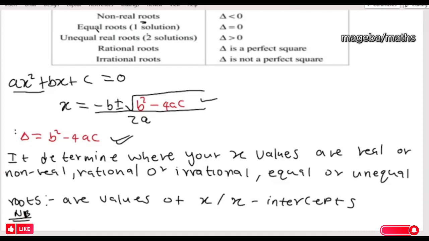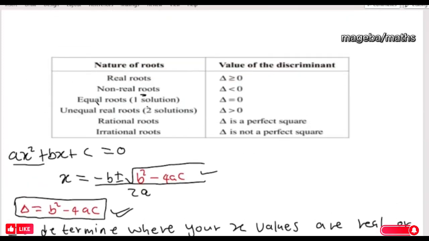Then the delta is going to determine how those values of x are going to be: real, non-real, rational, or equal or unequal. Now let's go back to this table. If you find the nature of the roots using delta, and delta is greater than or equal to 0, your roots are real.